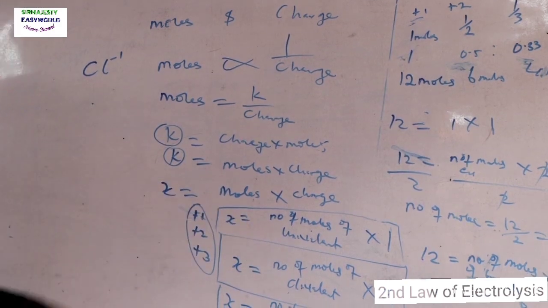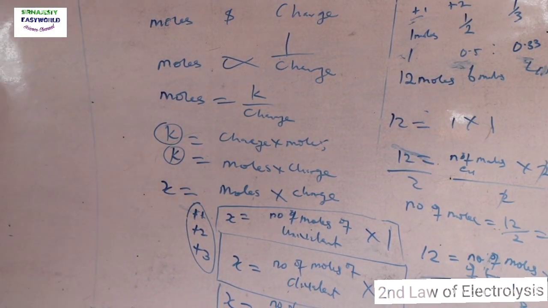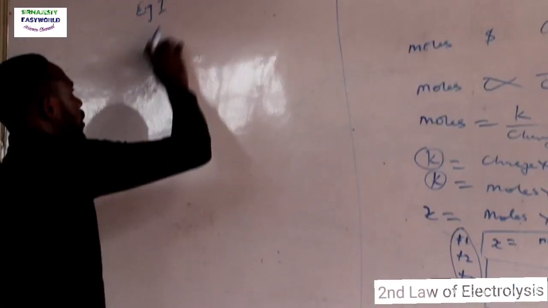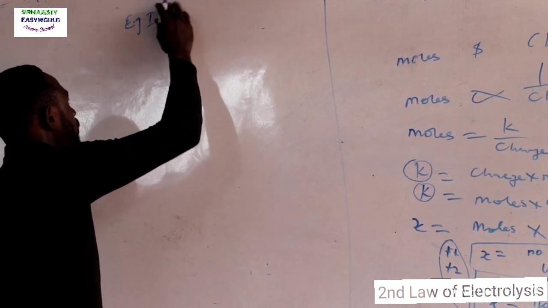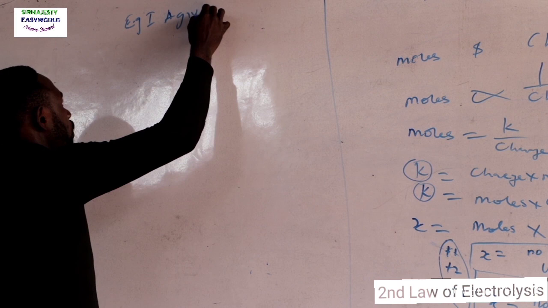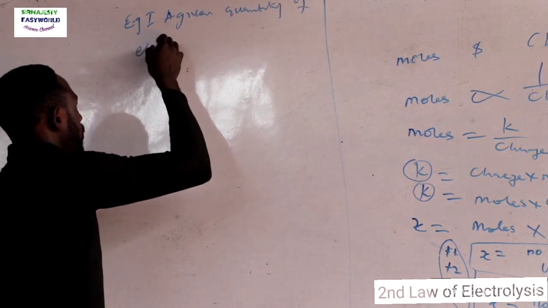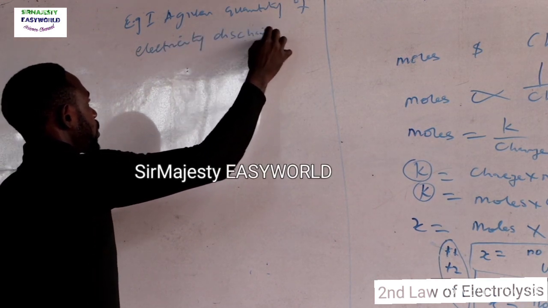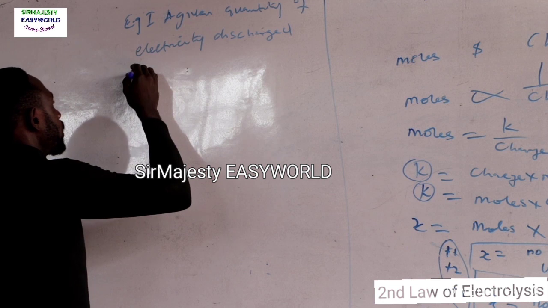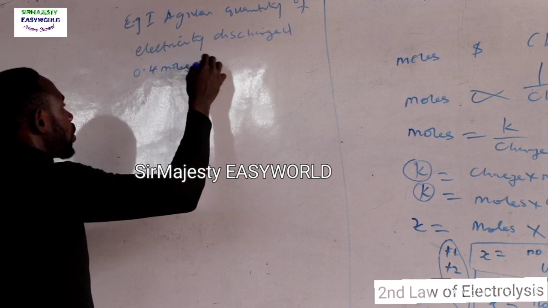So let us take many examples. I'll just give you examples and you will master it while solving. Example 1: a given quantity of electricity discharged 0.4 moles of copper.